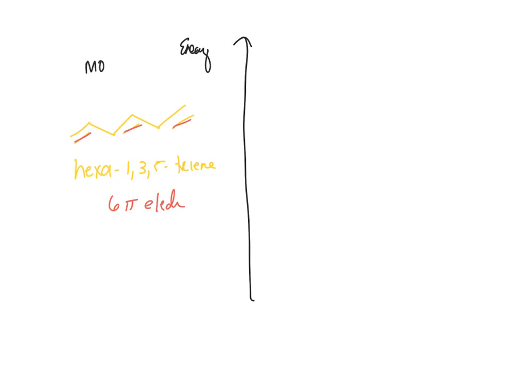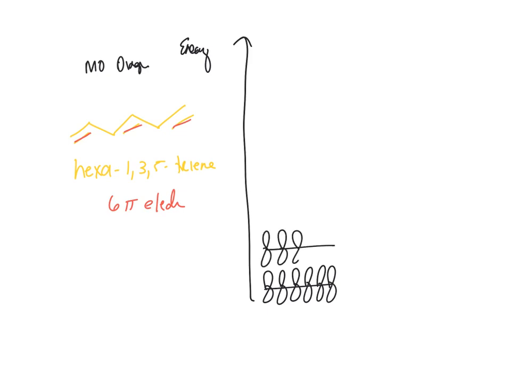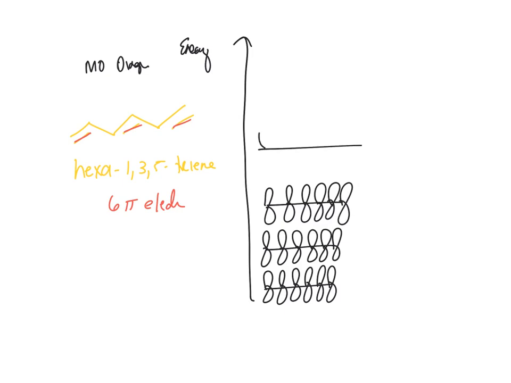This is a molecular orbital energy diagram. We'll do all of these. You've got 6 carbons, and so you do 6, you do 3 here.